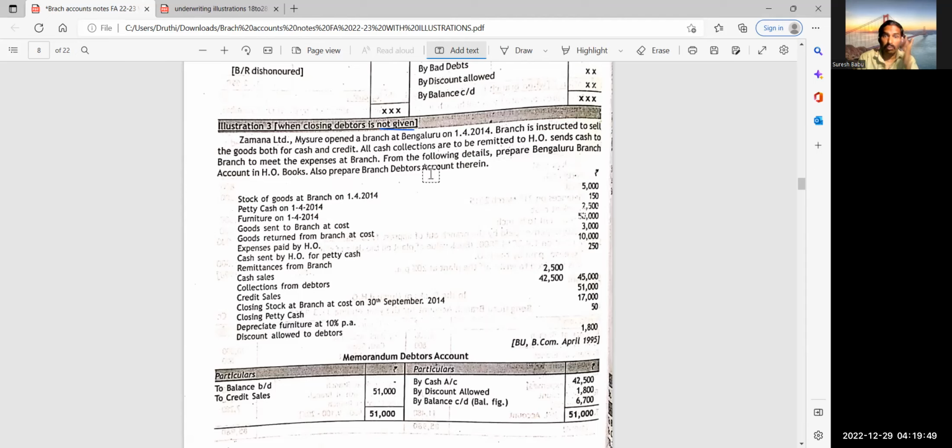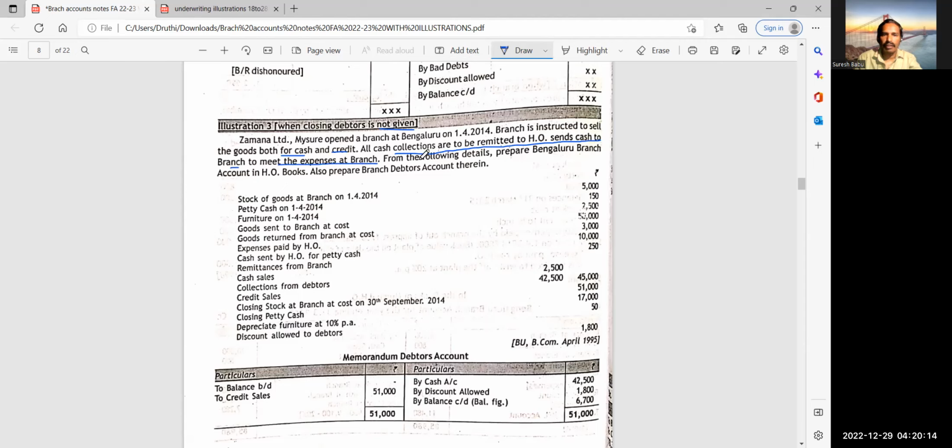Zamana Limited, Mysore opened a branch at Bengaluru on 1/4/2014. Branch is instructed to sell the goods both for cash and credit. All cash collections to be remitted to head office. Head office sends cash to branch to meet expenses.